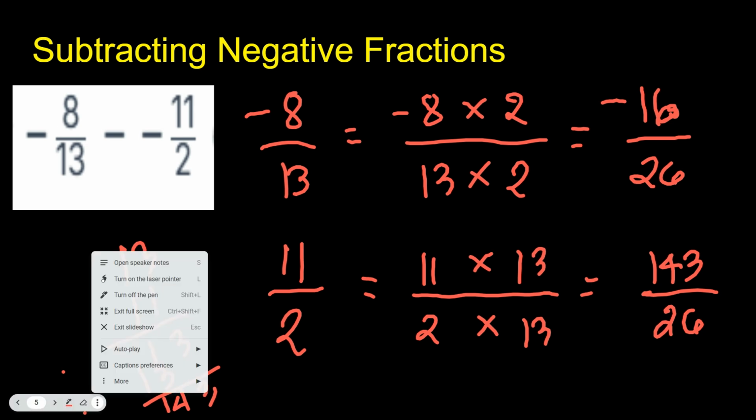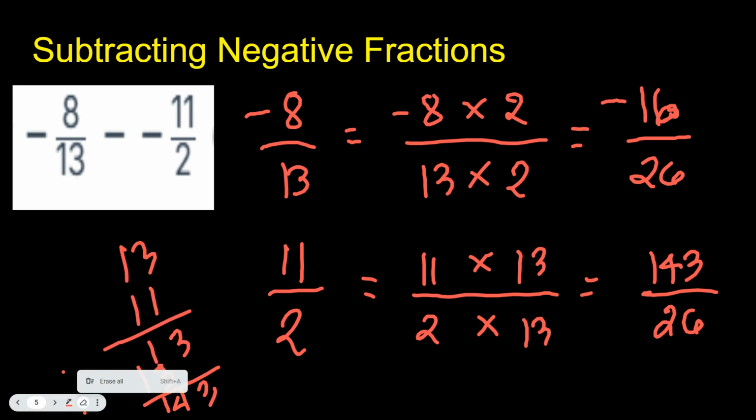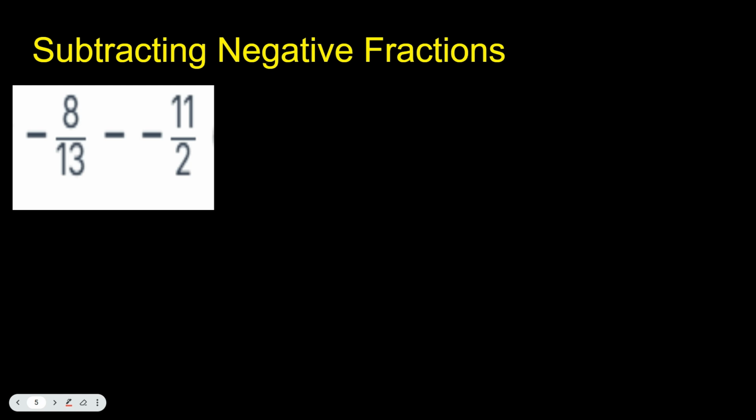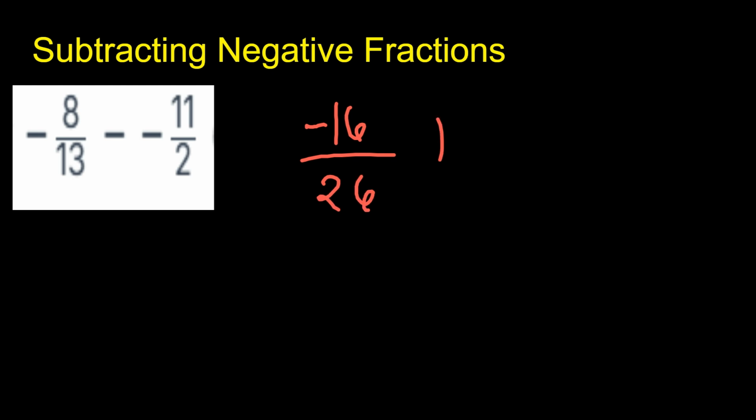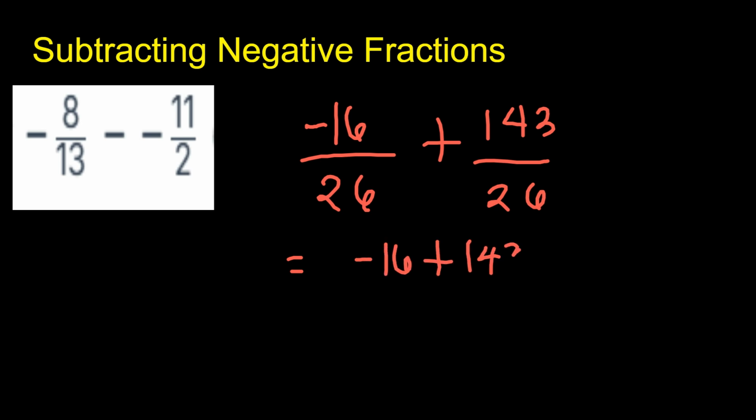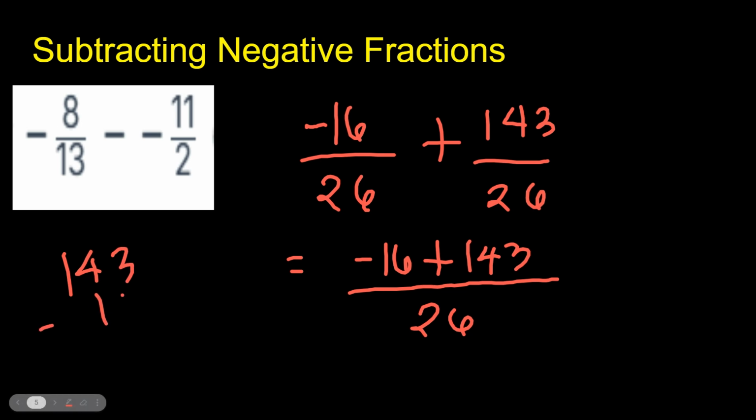Let's erase. So we have negative 16 over 26 plus 143 over 26, so negative 16 plus 143 over 26. Now, what is 143 minus 16?